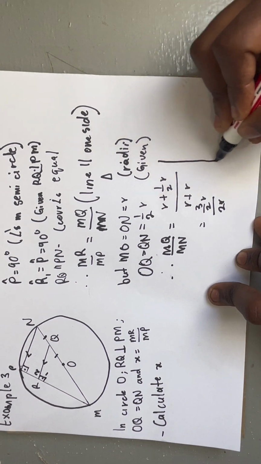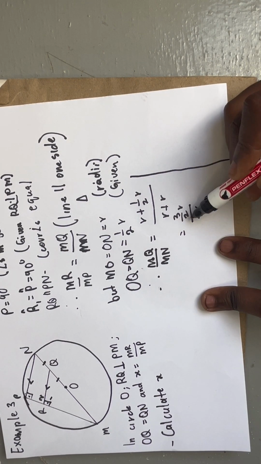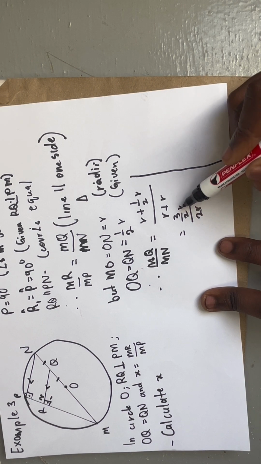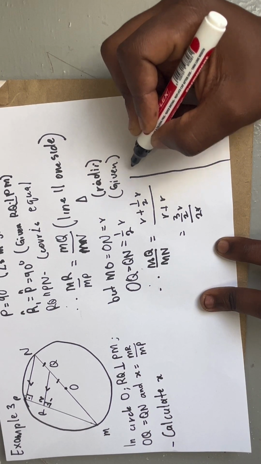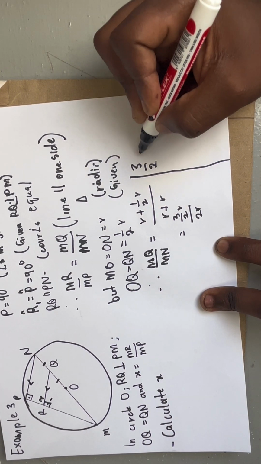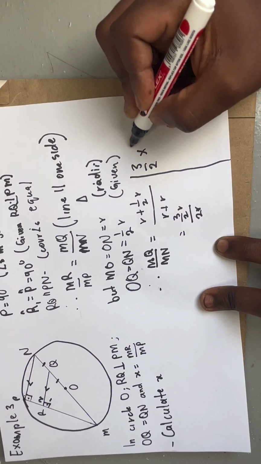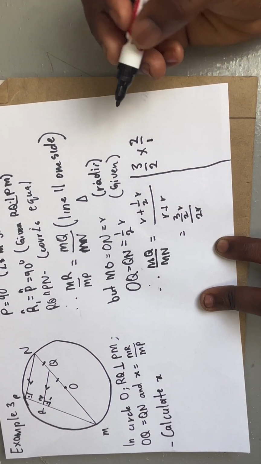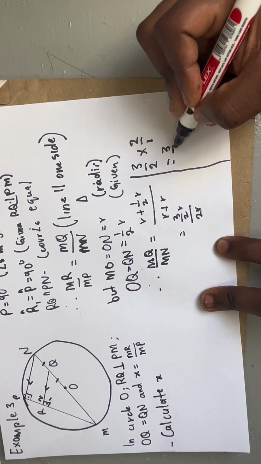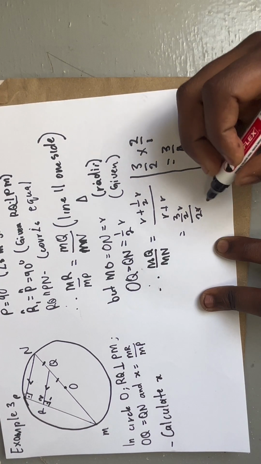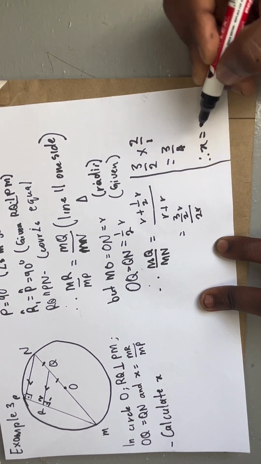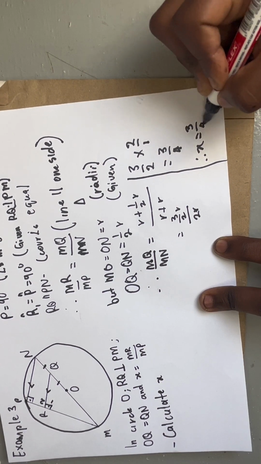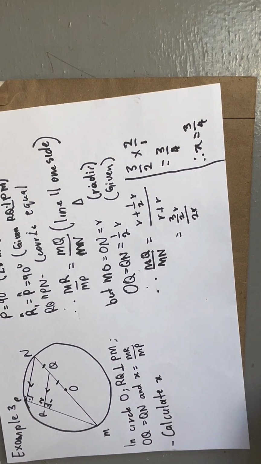So you can rewrite this as 3 over 2 multiplied by 1 over 2, which gives you 3 over 4. Which means your X is going to be equal to 3 over 4 units.